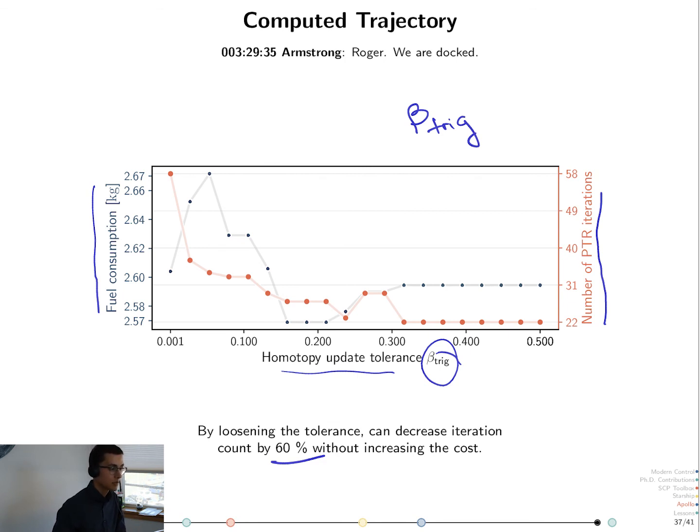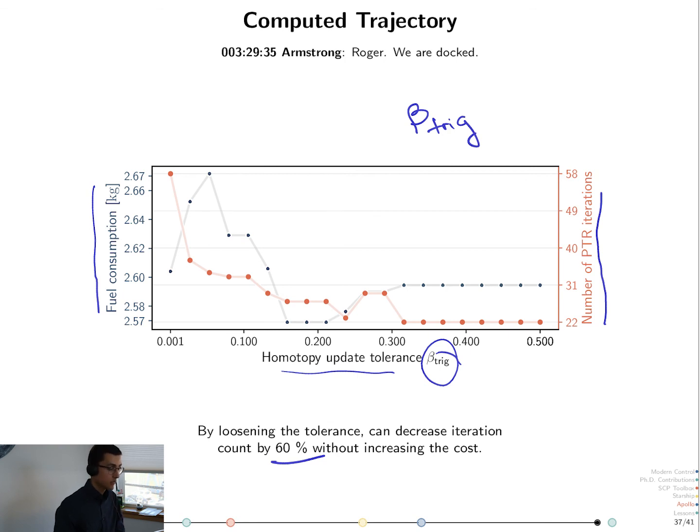So as the homotopy update tolerance value increases, we want to see what happens to the number of algorithm iterations and also to the fuel consumption of the final trajectory. Normally, what you would expect is that the number of iterations would decrease because you're increasing the homotopy value faster, but the fuel consumption probably will increase too because you're not giving the algorithm time to figure out the best thing to do.